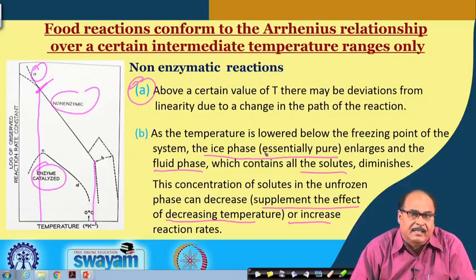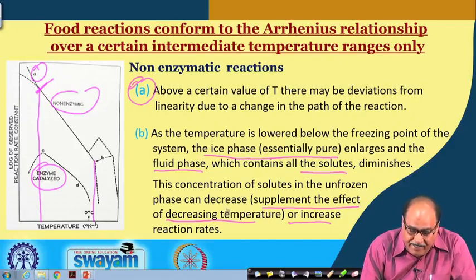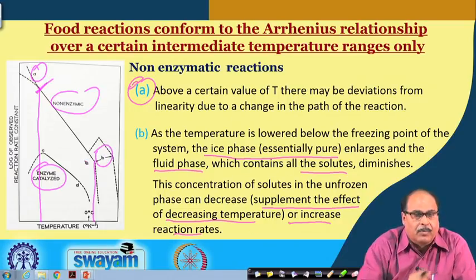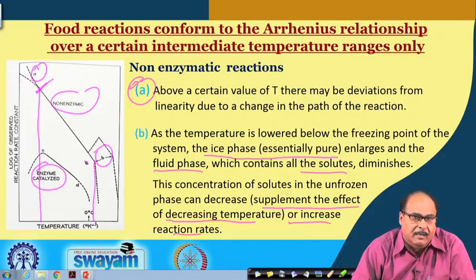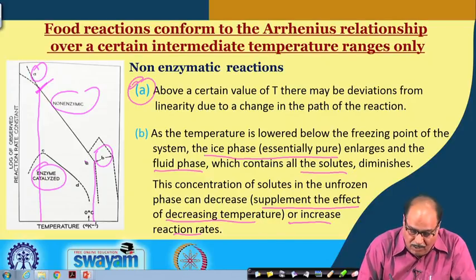This increase in the concentration of the solute in the unfrozen phase causes a change in the properties of the components, and this change can decrease or increase the reaction rate, which you can see here at point B in this figure, and that of course depends upon the nature of the different components.